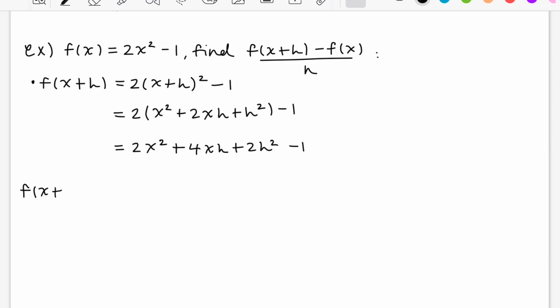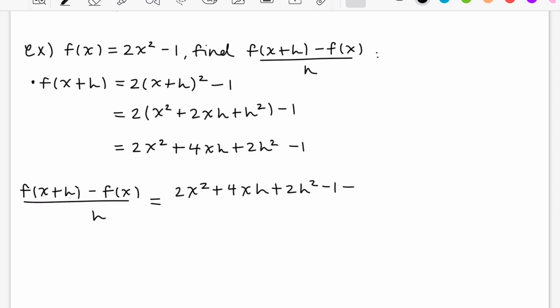So f of x plus h minus f of x all over h is going to be f of x, or sorry, f of x plus h, and then we're taking out f of x, which we know is just 2x squared minus 1.